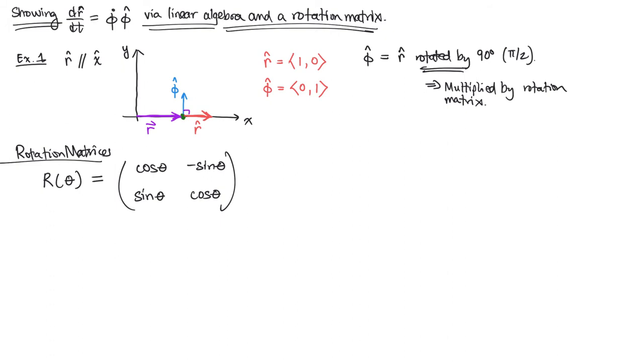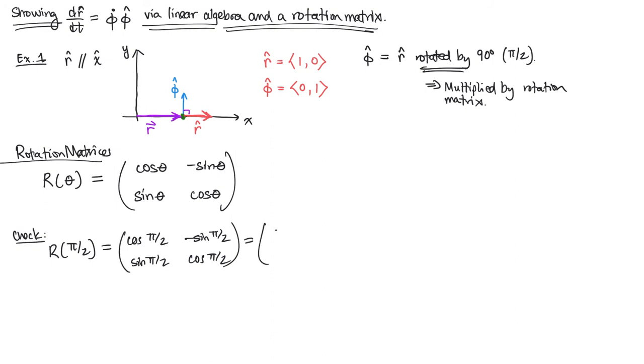Okay, so let's check that that's really true. The claim then is if I'm rotating by pi over 2, I would have a matrix that's cosine pi over 2, minus sine pi over 2, sine pi over 2, and cosine of pi over 2, which is the matrix 0, minus 1, 1, and 0.